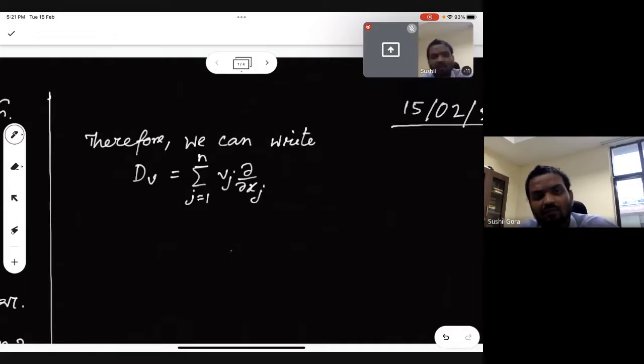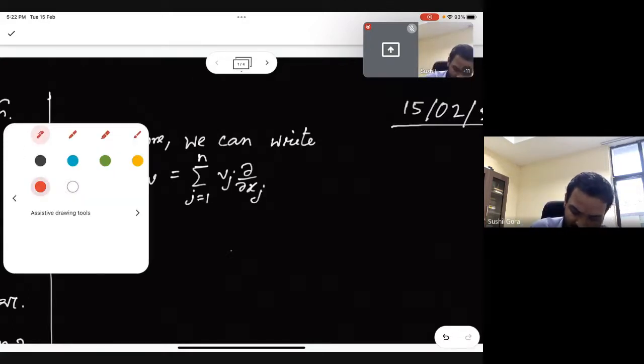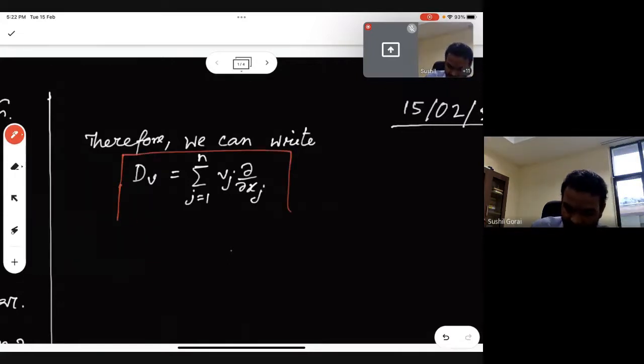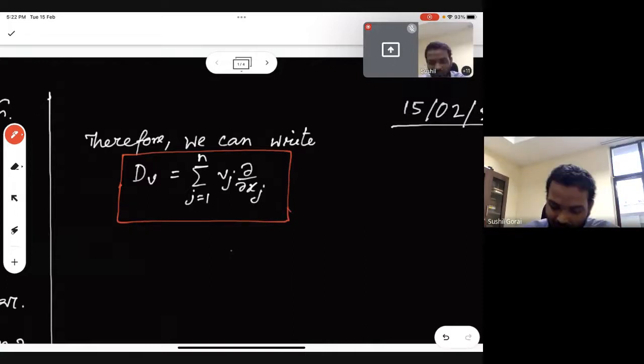All right. So remember this one. This is very important. This is kind of fundamental to define the tangent space.